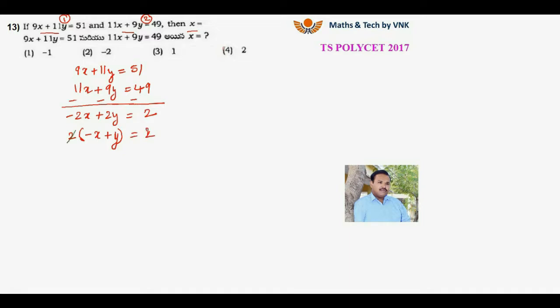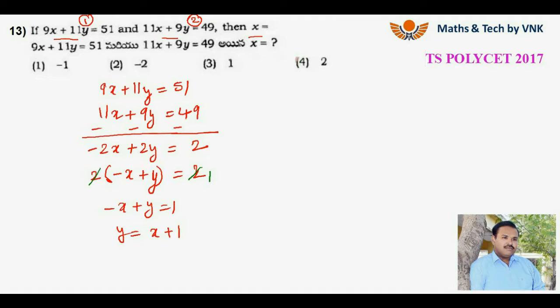Now minus x plus y is equal to 1, which means y is equal to x plus 1. Now substitute y is equal to x plus 1 in equation number 1. So 9x plus 11 into x plus 1 is equal to 51. So this is 9x plus 11x plus 11 is equal to 51.